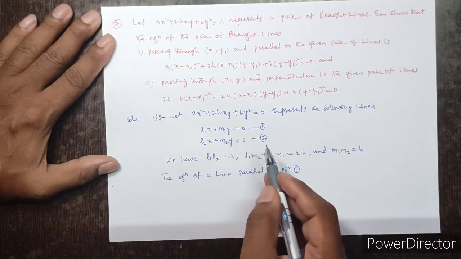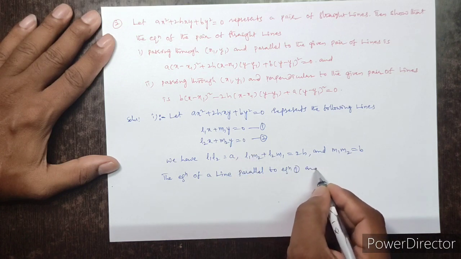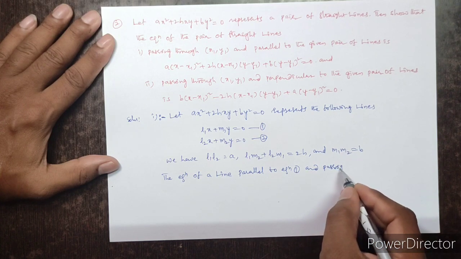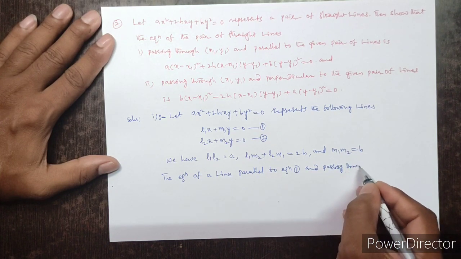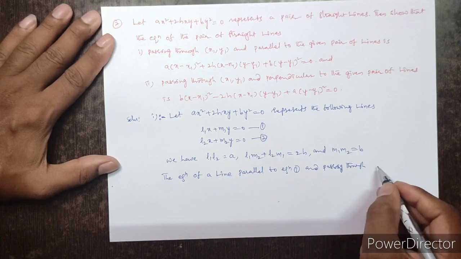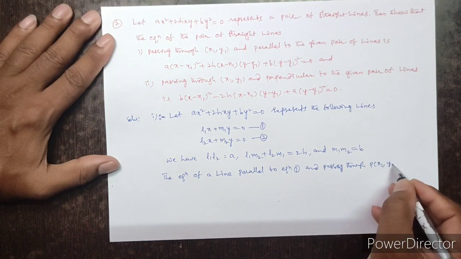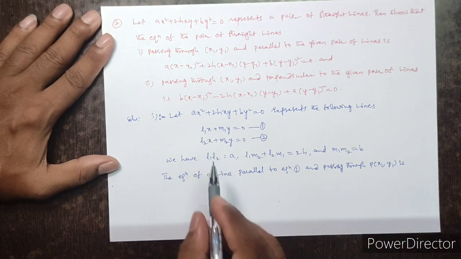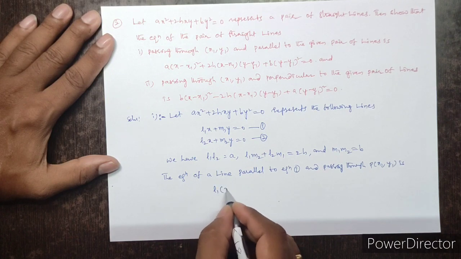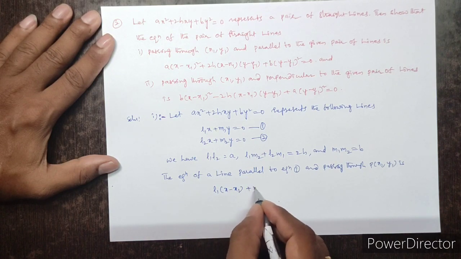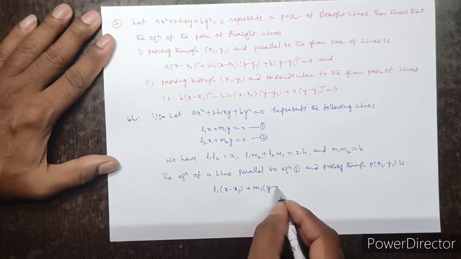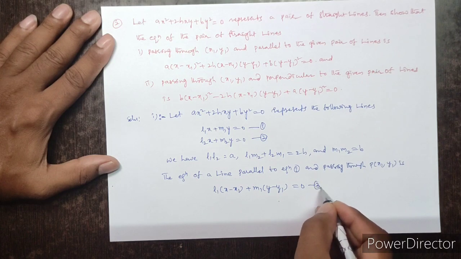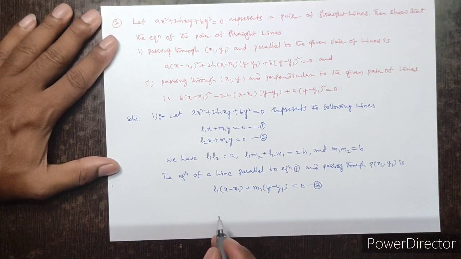Equation 1 is the first line of the pair of lines, and it is passing through point x1 comma y1, is L1 of x minus x1 plus M1 of y minus y1 equal to 0. This is equation number 3.